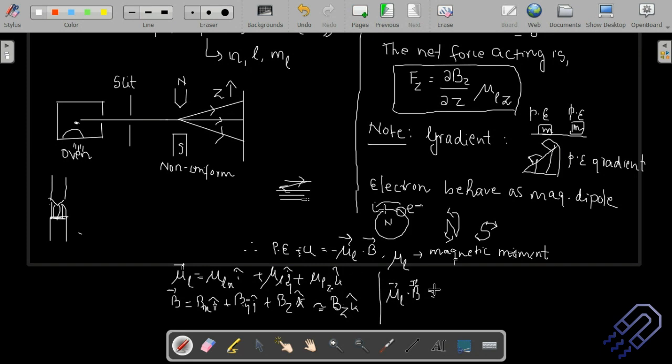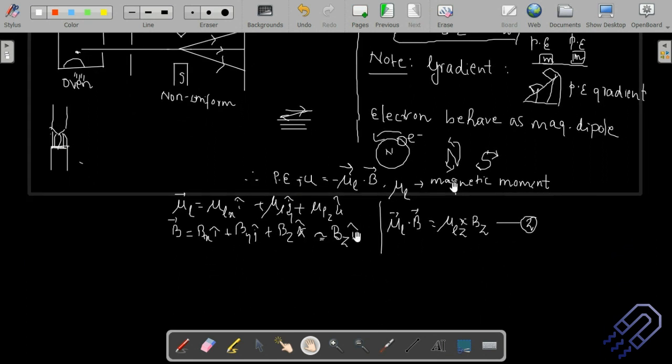So I can simply write it down as mu_L,z times B_z. We can write it in this form, that's possible. There is no meaning of writing the dot because we have already taken the dot product, so you can take it as multiplication. This is not a cross product, just the multiplication. So we can take this as a number. That's very important.